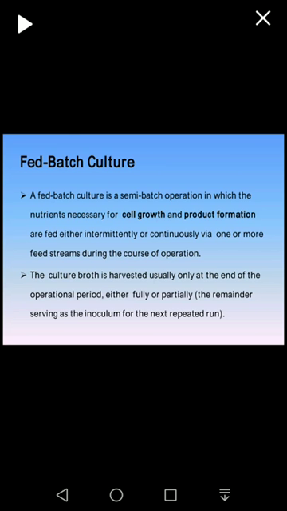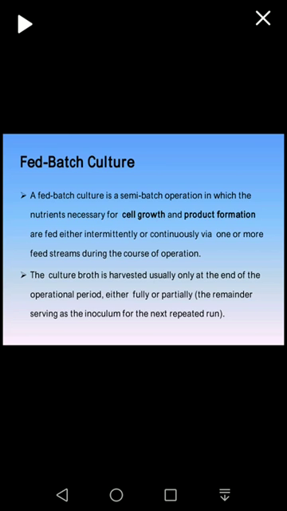So when the run has been completed and the maximum product has been produced, then you are removing the product, either fully or partially, the remainder serving as inoculum for the next repeated run. So the rest which has been left inside the fermentation tank is serving as a starting culture for the next repeated run.